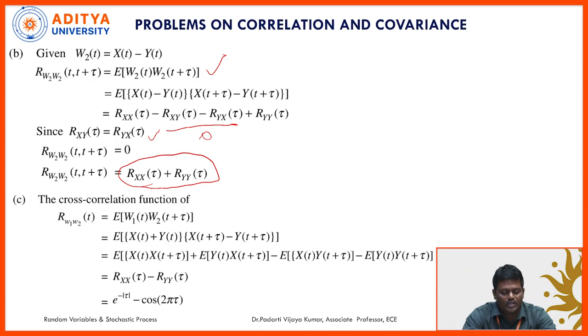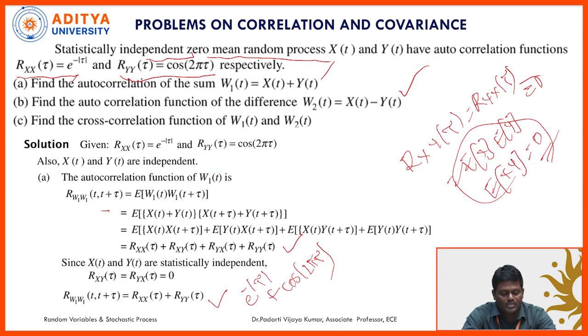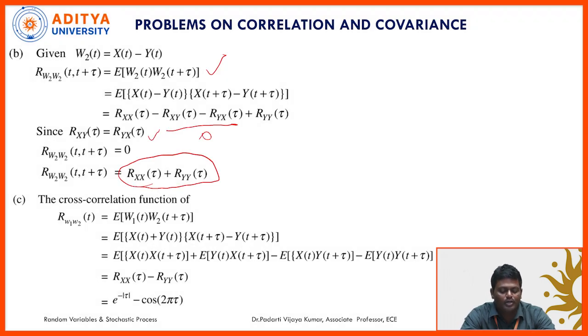Next, for the third case, we need to compute the cross correlation between W1 of t and W2 of t. W1 of t and W2 of t are combinations of X of t and Y of t. Now we need to compute the correlation between these two newly formed random processes, X of t plus Y of t and X of t plus tau minus Y of t plus tau.